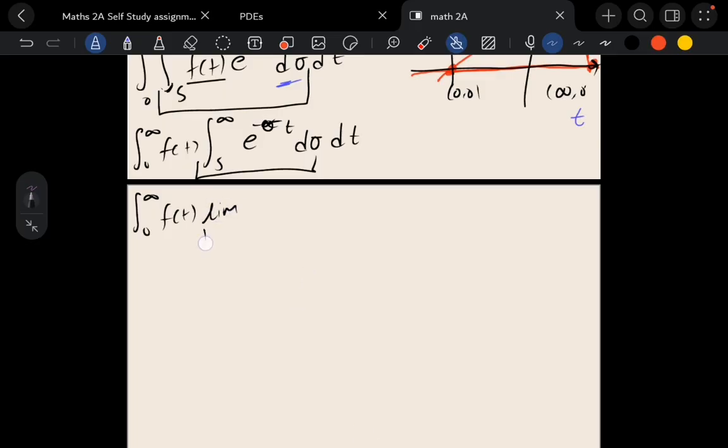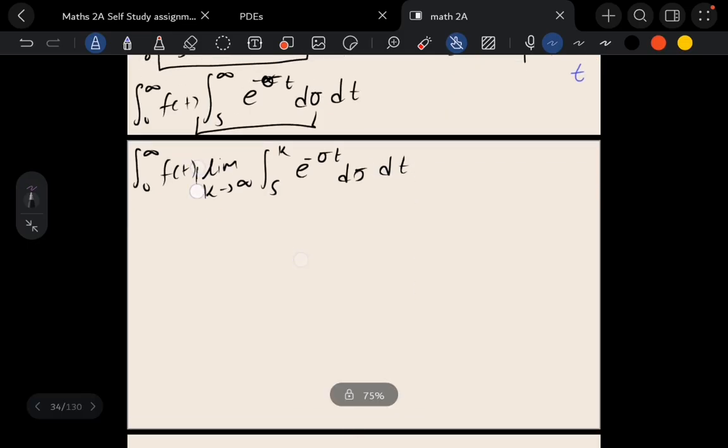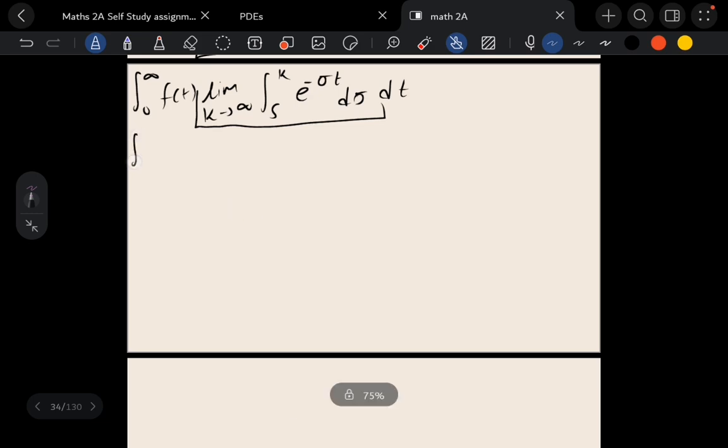limit as k approaches infinity of an integral from s to k of e to the power negative sigma t d sigma dt. So when we try to integrate that, we have an integral from 0 to infinity of f of t, and now the limit as k approaches infinity of, what is the integral of e to the power negative sigma t?